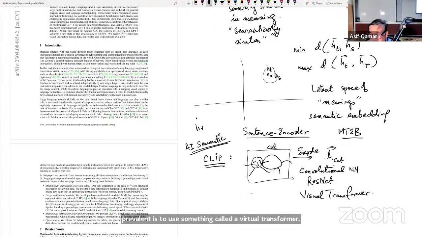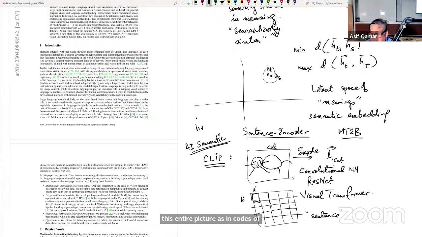And just to give you an idea of what a visual transformer is, in case you haven't encountered it, it breaks up the picture into little patches, typically 16 by 16 pixel patches. And it says, what if we treat this entire picture as, in quotes, a visual sentence, where every single patch, 16 by 16 patch, corresponds to a word. And now you say, how can it correspond to a word?